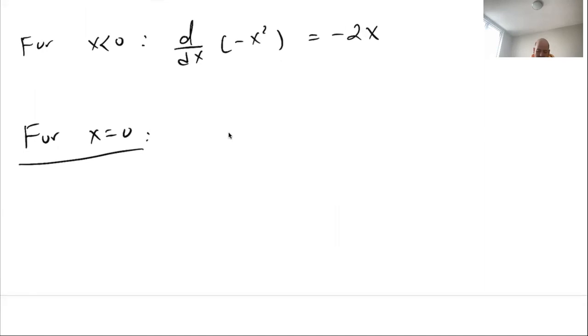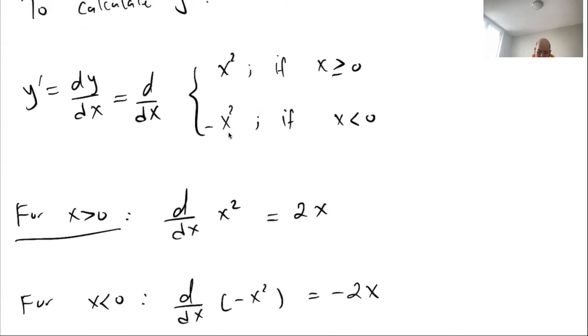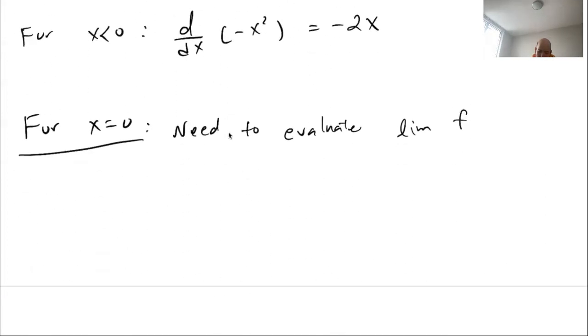So for x equals 0, we need to evaluate the limit, I call it y, of y of x minus y of 0 divided by x, as x approaches 0.